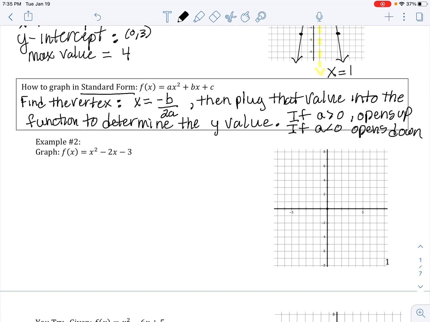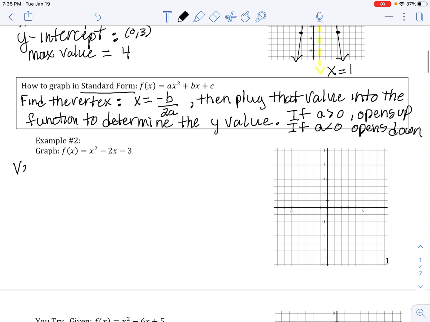So let's do example 2. Let's graph. Okay? So the first thing you're going to do is find the vertex. So we're going to use the calculation x equals opposite of b over 2a. So I'm going to go to the quadratic equation where I'll list a equals 1, b equals negative 2, and c equals negative 3.